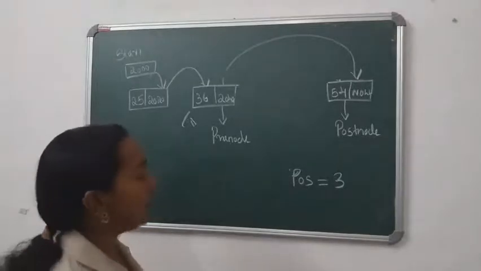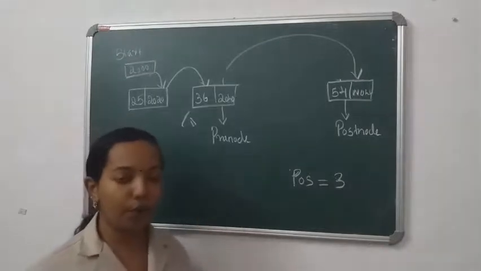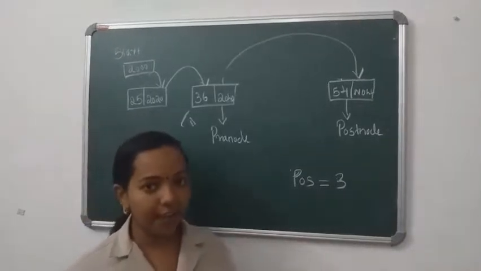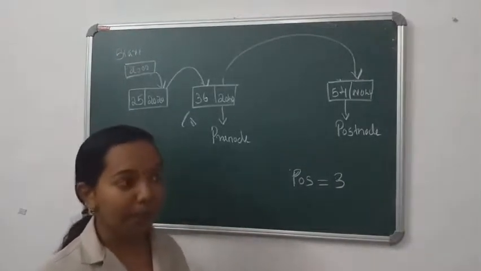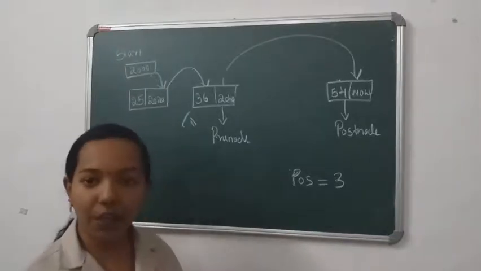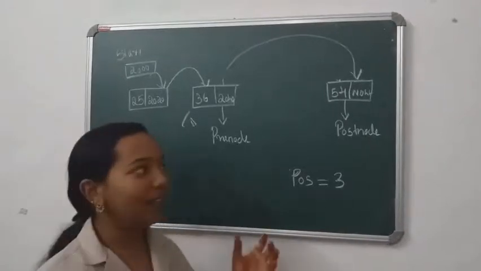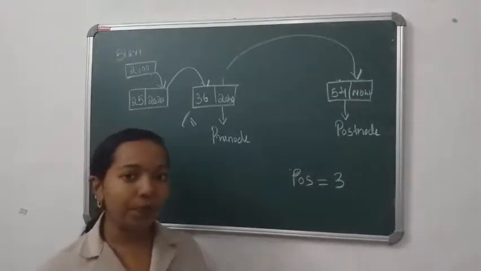First, you want to draw a linked list, 3 nodes, 4 nodes, any number of nodes that we can create. Then identify the element that we are going to delete. Using the traversal operation, we can find out the element that we are going to delete.